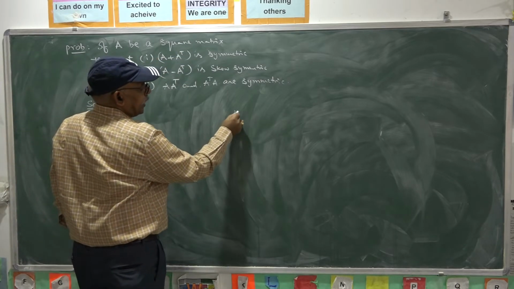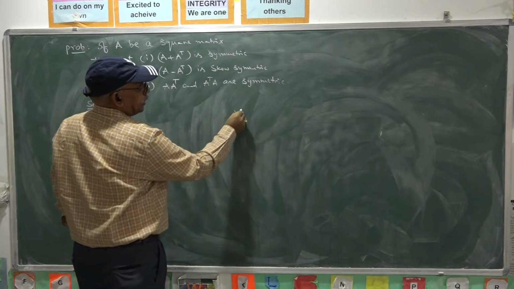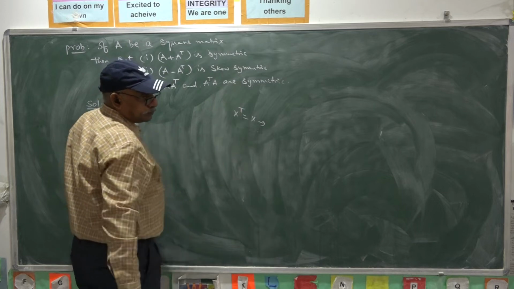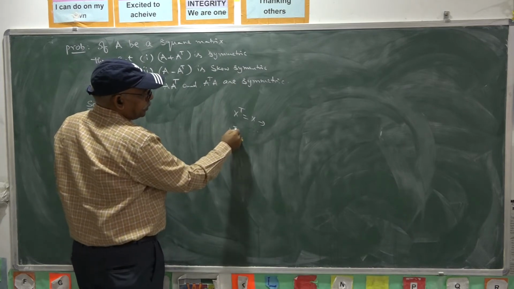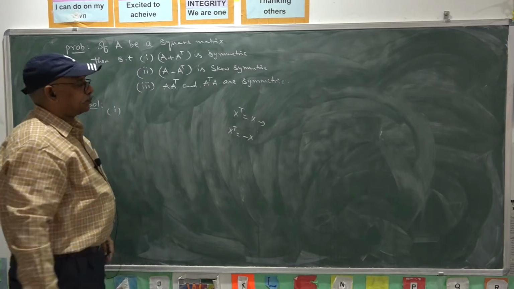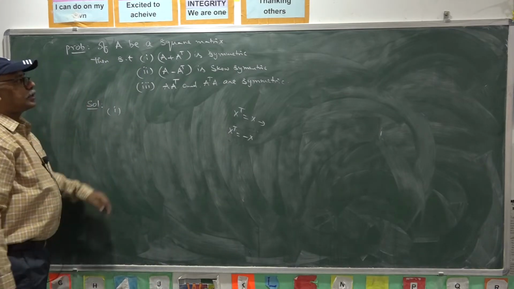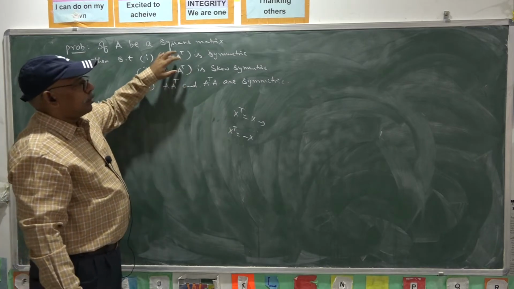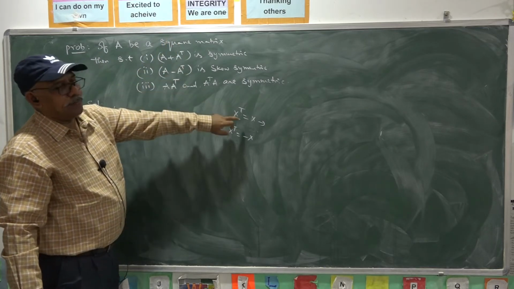Symmetric means if X be the square matrix such that X transpose equal to X, then X is called symmetric. If X transpose equal to minus X, then X is skew symmetric. Hence, once you consider A plus A transpose as X, its transpose is itself.